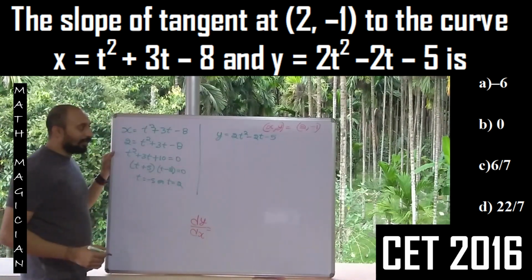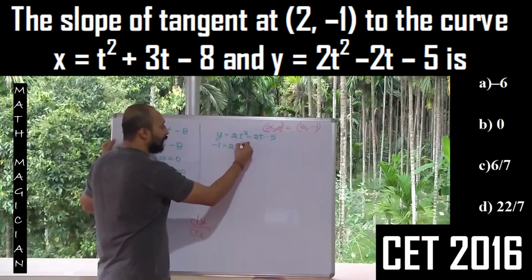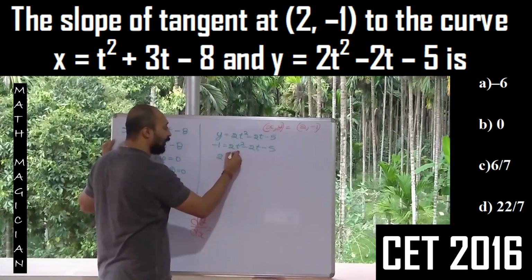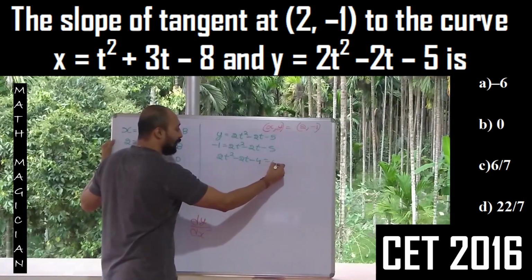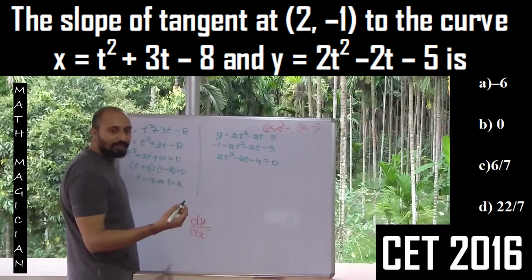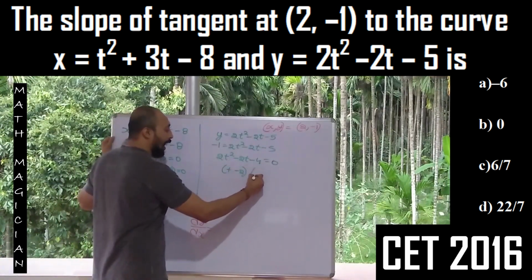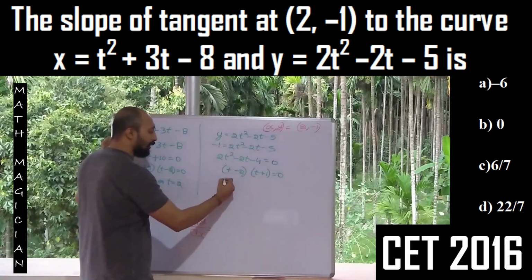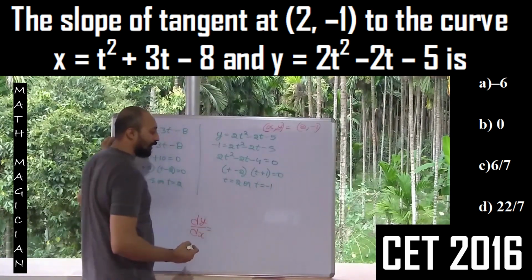On the other side, the y value: minus 1 equals 2t square minus 2t minus 5. Moving terms over, it becomes 2t square minus 2t minus 4 equals 0. On simplification, this becomes (t minus 2)(t plus 1) equals 0. So either t is 2 or t is minus 1.